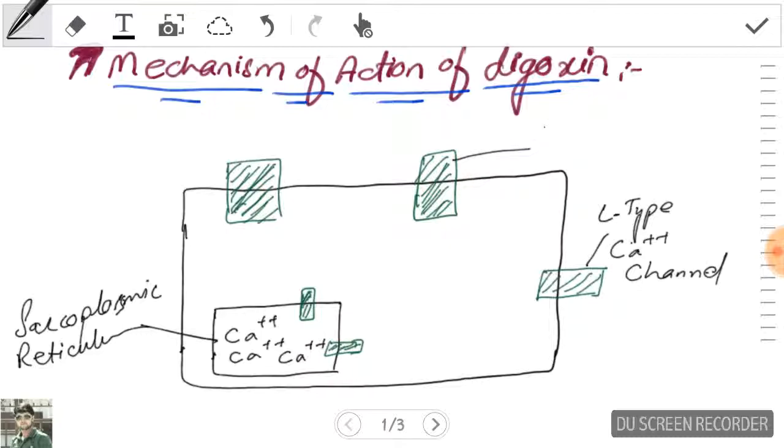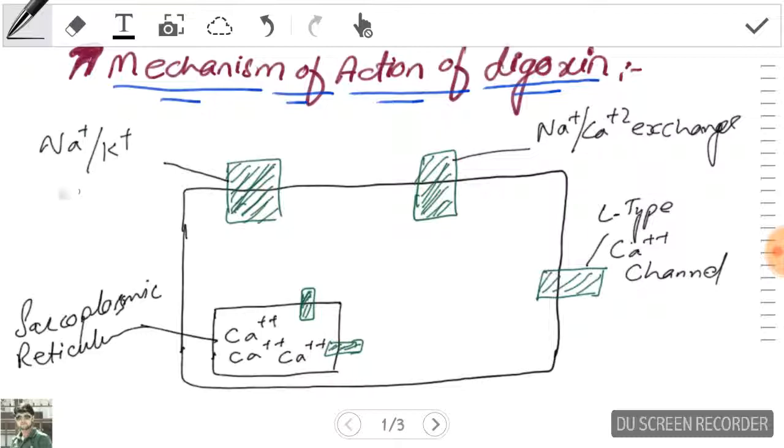This is what we call the sodium calcium exchanger, and this is the sodium potassium pump.